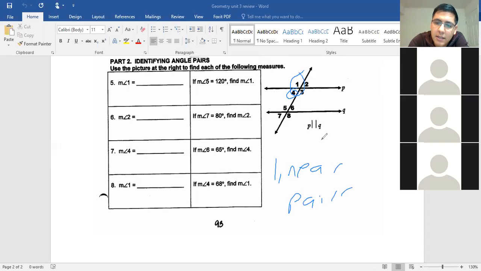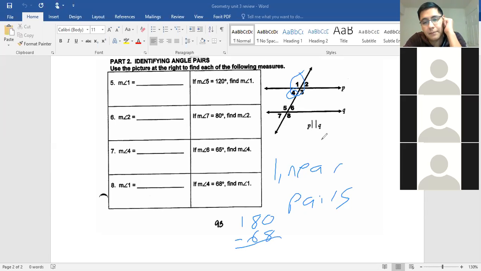And linear pairs because they are literally two angles that are next to each other, right? So angle 1 and angle 4 are next to each other. Whenever we have a linear pair on a straight line, that should tell us that we have a 180-degree angle, right? So if angle 4 is 68, how do we find the other angle?